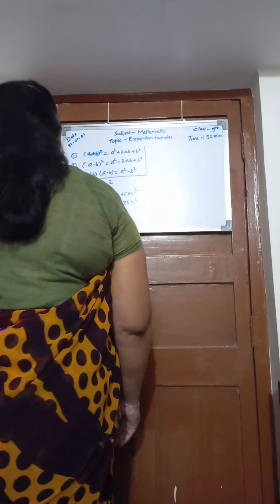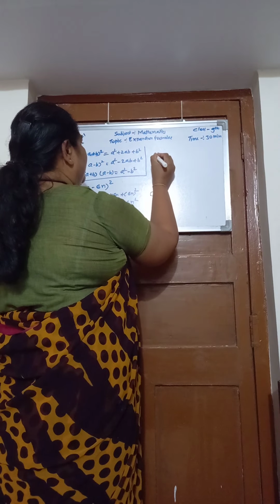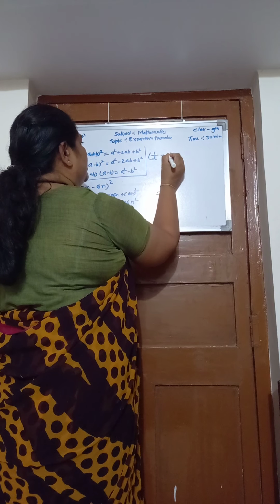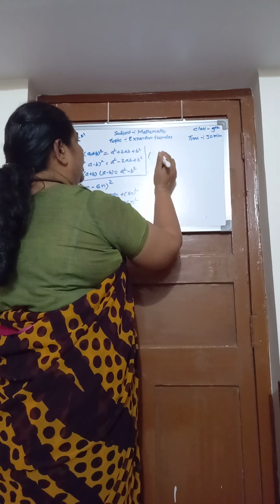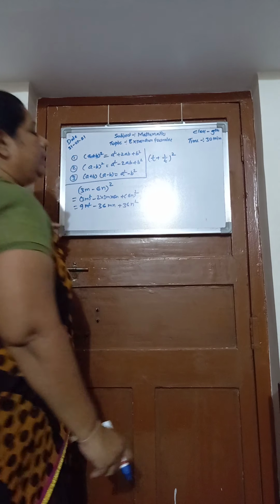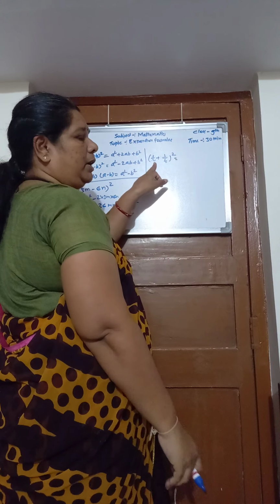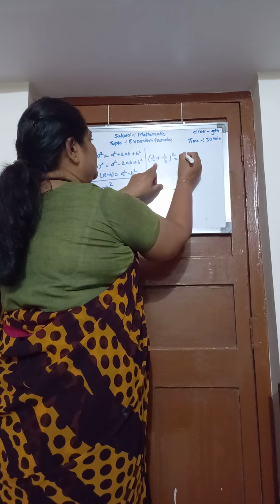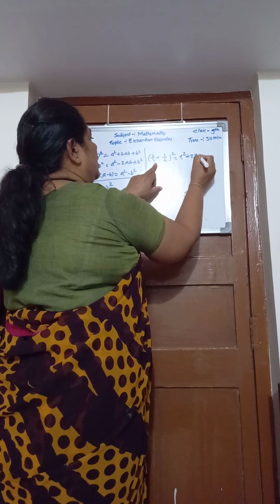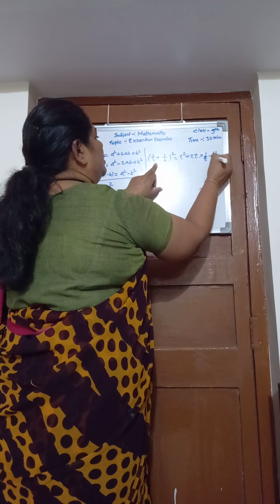Now I am giving you another type of problem. You have to calculate t plus 1 upon t, and square it. Okay, apply the formula here. a equal to t, so a square means t square, plus 2 into a into b, that is t into 1 by t, plus 1 upon t whole square.